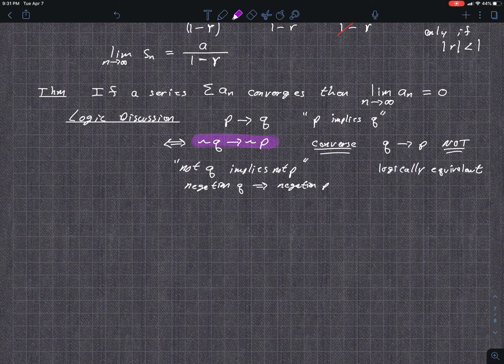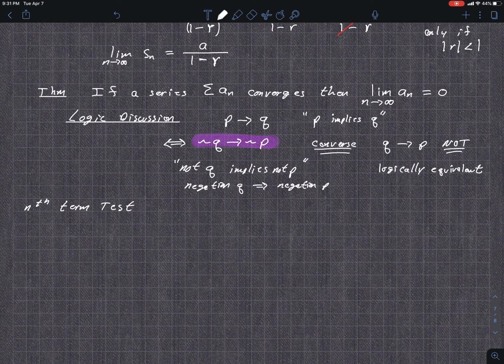It's really used mostly, almost entirely, for this contrapositive. So if the limit of the nth term does not approach zero, then the series does not converge. If you reverse that, that's what's called the nth term test.